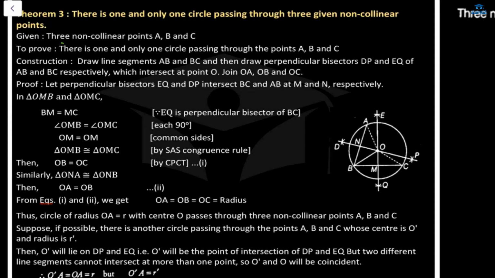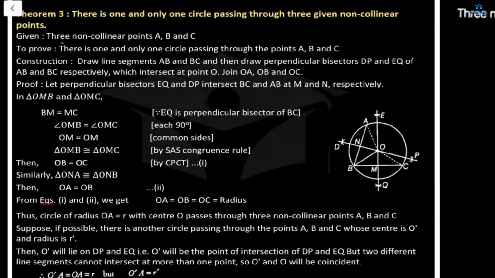Same thing, the process that we did, we draw the line bisectors, and then we join. We have taken O as a center, and then we have drawn a circle. Now we have to show that it is passing through all the 3 points. So we are going to join OA, OB, and OC.